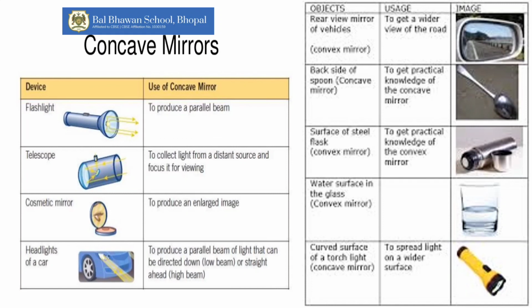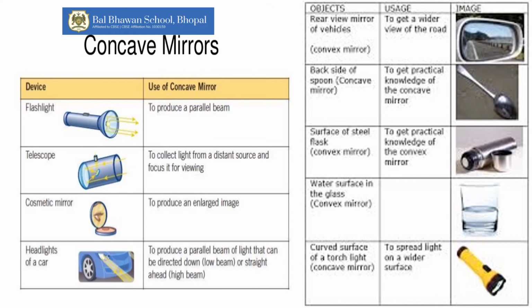They are used as cosmetic mirrors to produce an enlarged image. They are also used in headlights of a car to produce a parallel beam of light which can be directed straight ahead. Convex mirrors are used to get a wider view of the road.